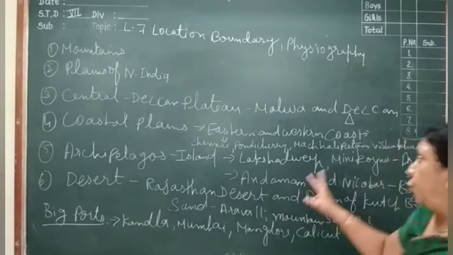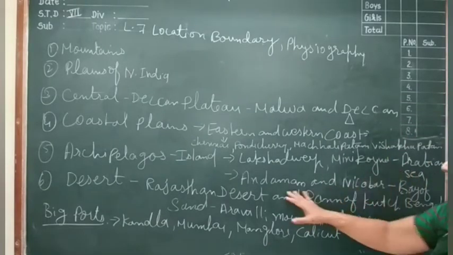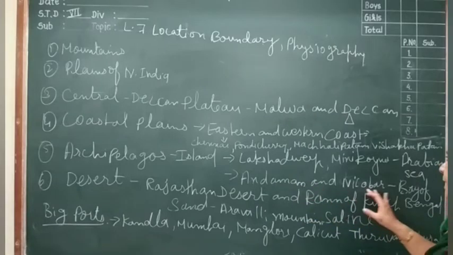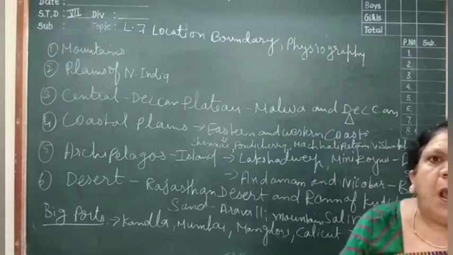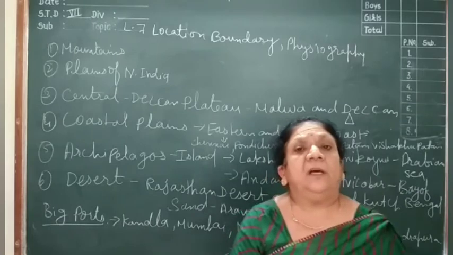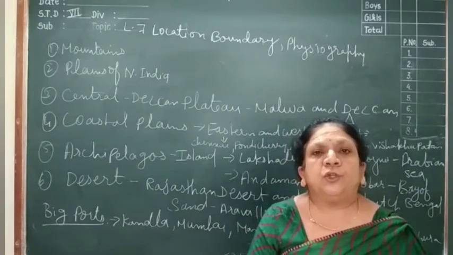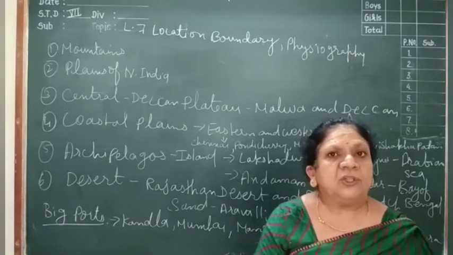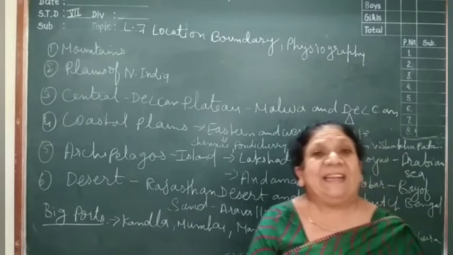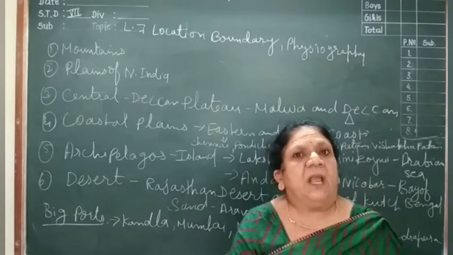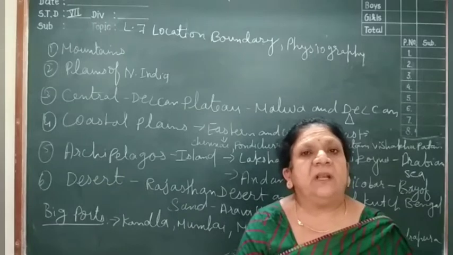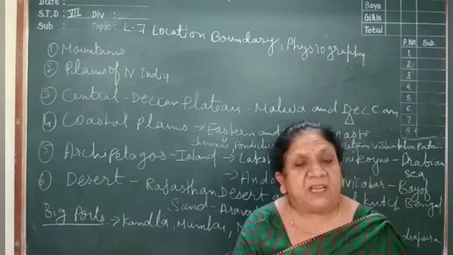So these two in the Arabian Sea and the Andaman and Nicobar Islands are good for tourists. Most of the trees in the coastal areas, like date and coconut trees, are mostly grown on the coast.